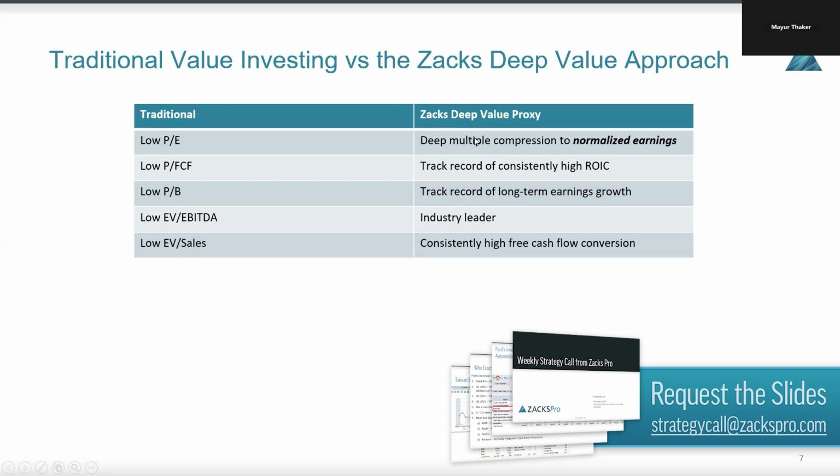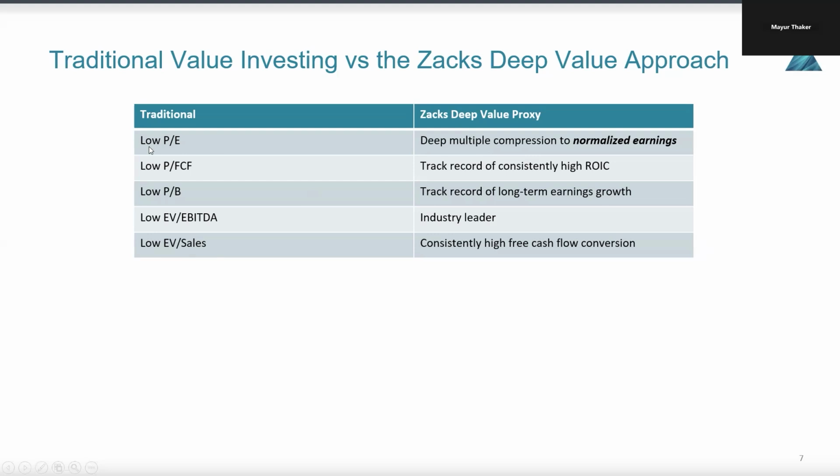However, we do something different. We're looking for a deep multiple compression, not necessarily low in an absolute sense. We don't say, well, let's buy all stocks that are under a 15 PE. No, because that ends up getting you that value trap that we said.